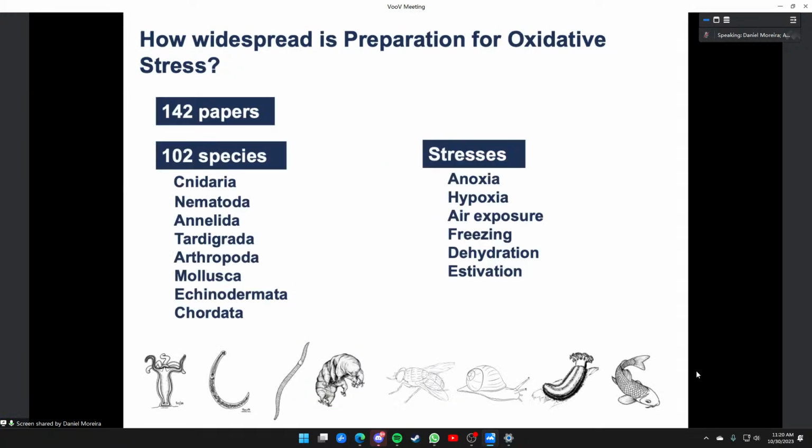In the following years, we decided to take a look at how widespread preparation for oxidative stress is. Is it restricted to some animal group or a kind of environmental stress? We investigated the literature on 8 animal phyla and 6 different stresses associated with lack of oxygen.